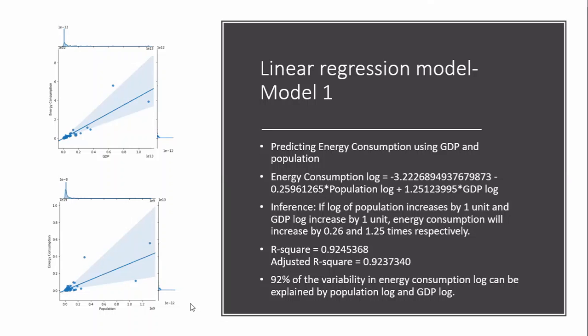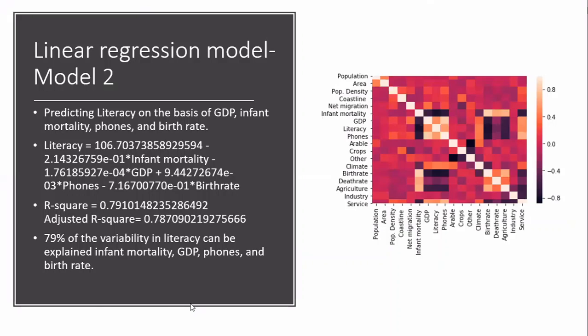So going forward to our next model, as was explained before, we had a correlation matrix, and from that correlation matrix, we were able to determine how the different factors were correlated. So from there, we concluded that we could predict literacy on the basis of GDP, infant mortality, phones, and birth rate. We built this model and checked the assumptions.